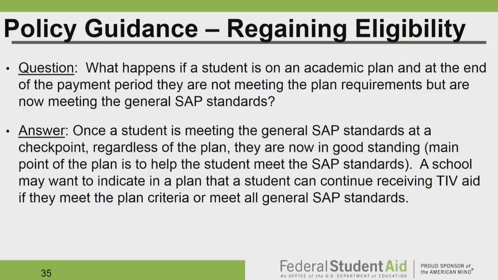The answer is yes, they are. Because what's the ultimate goal of the academic plan? It's to get them to the general SAP standards. So often what I'll tell schools is make sure in your academic plan policy, you just stress that the student will regain eligibility, or will continue to be able to receive Title IV aid, at the point where they meet the academic plan requirements or meet the general SAP standards.